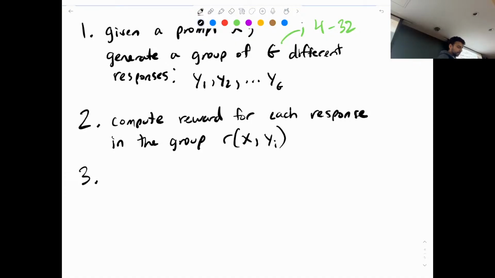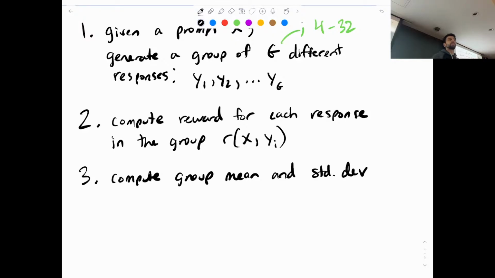But in the third step, we're going to compute the advantage. And here, we've removed the value function, so we're going to use statistics computed from our group in order to compute the baseline. So here, compute the group mean and standard deviation.